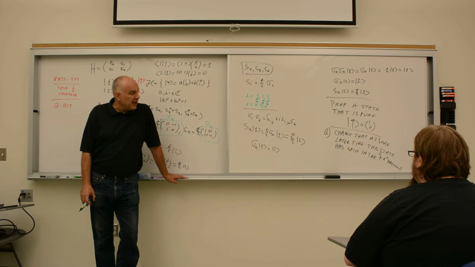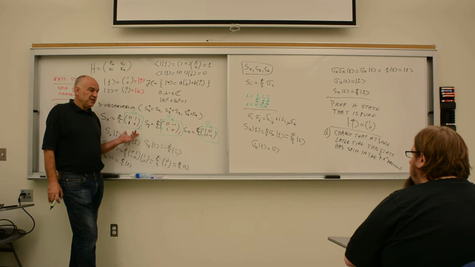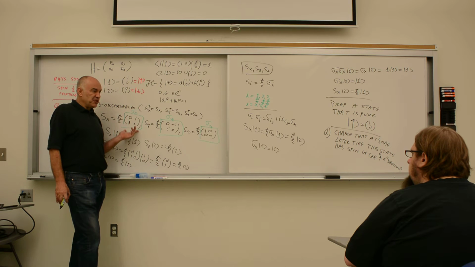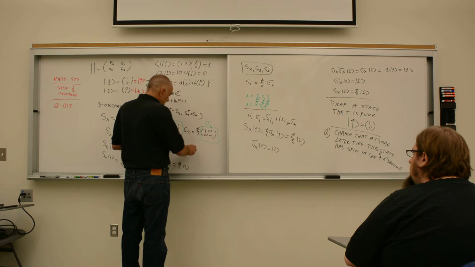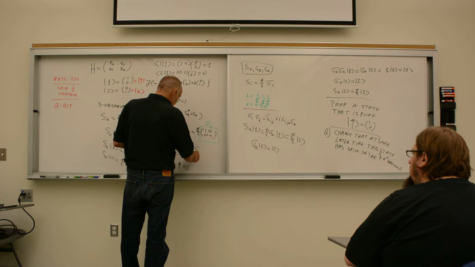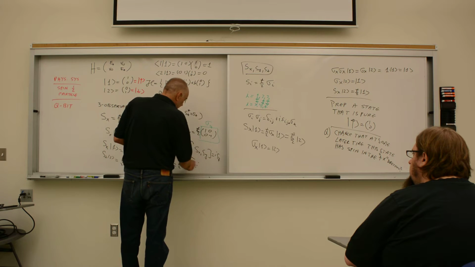In order to do that, we first have to find out what are the states which correspond to projection of the spin in the x or y direction. I didn't mention it today, but Sx, Sy commutator is i Sz and the cyclic ones.